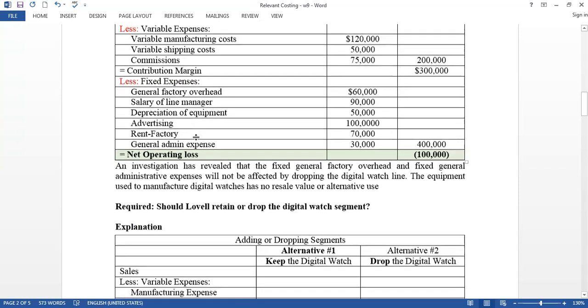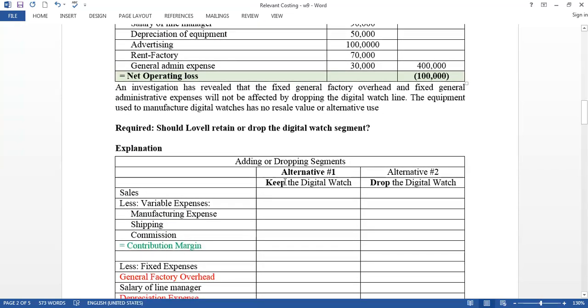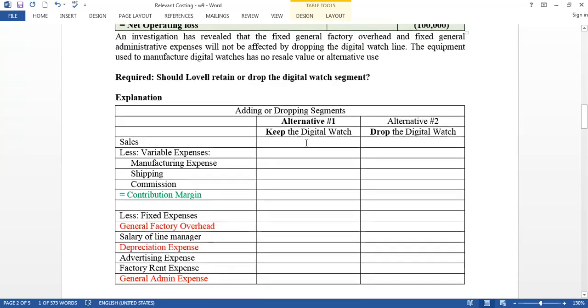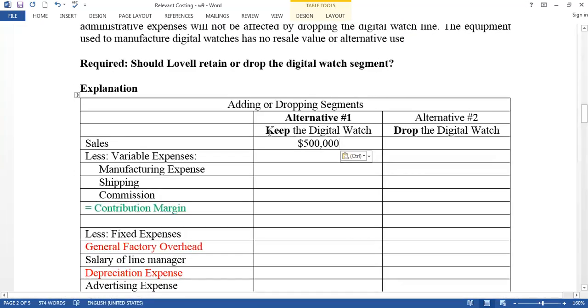Now look at the first one. If you keep it, it means that you are going to sell your product, right? So if you sell your product, you have a revenue of $500,000. Why do you have this revenue? Because you want to keep it. If you don't keep it, then do you have any revenue?